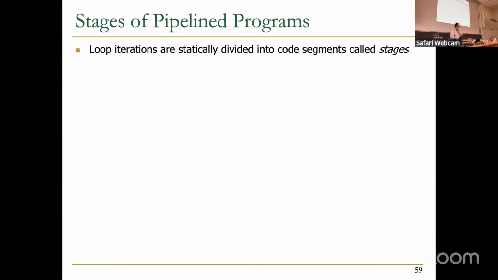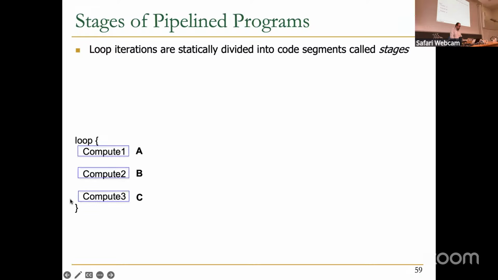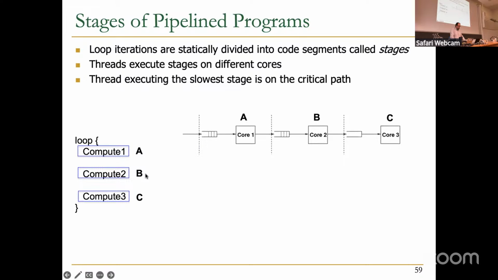Another example could be stages of pipeline programs. In some applications, you have stage programming where, in a loop, you have different code segments, and each segment is assigned to a different thread, like threads A, B, and C here when we have 3 stages. We have a queue before each of these units.